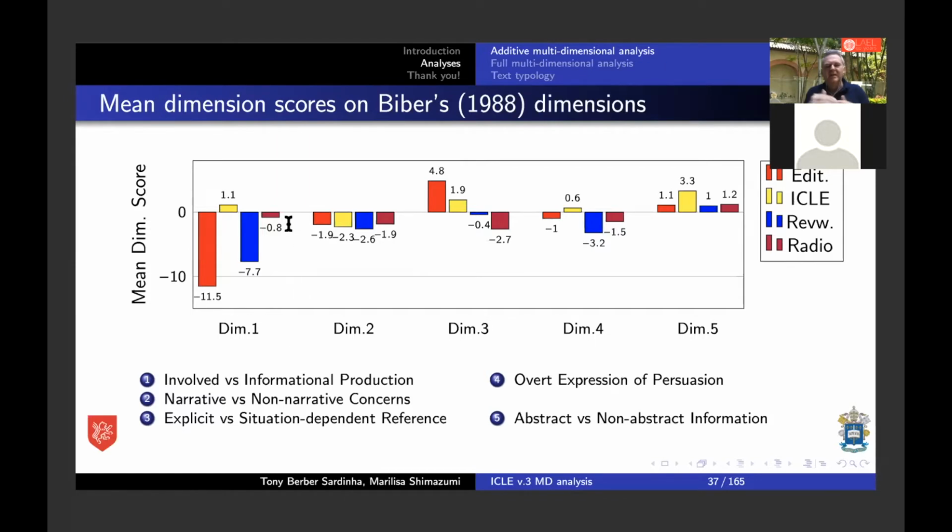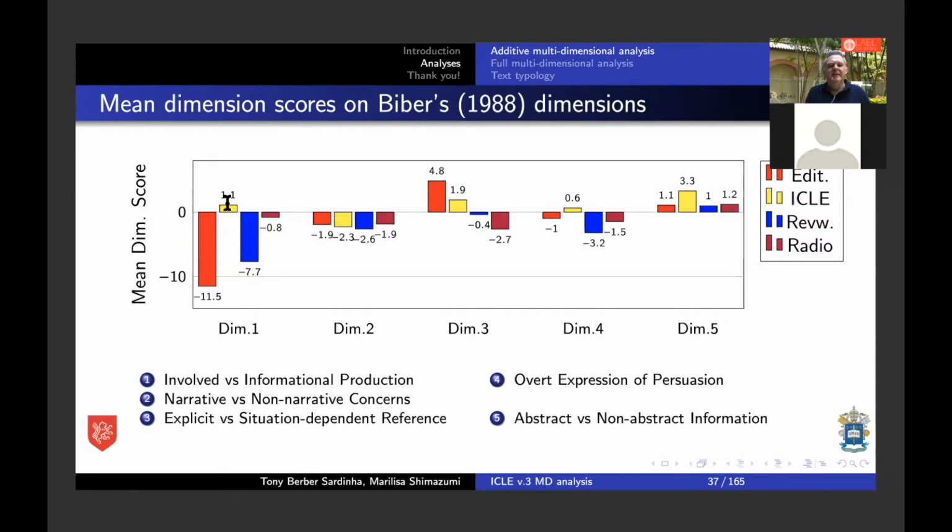So when you calculate a score, those cancel each other out, and therefore you have a score that's close to 0. But these are not neutral, they have features of both involved and informational. And the reviews are very informational, and the radio programs are also informational.